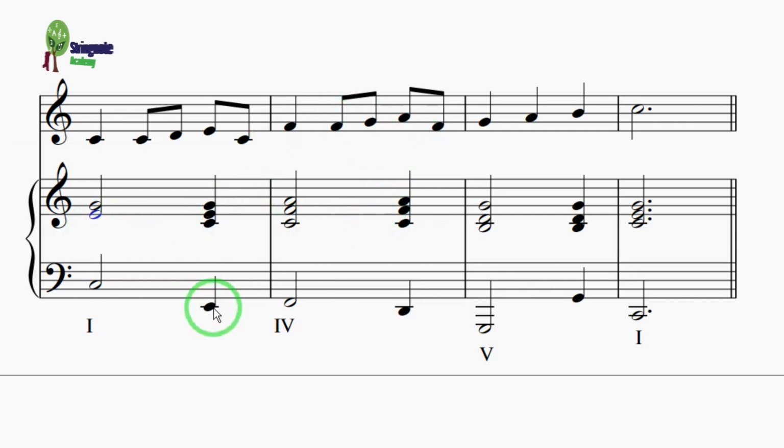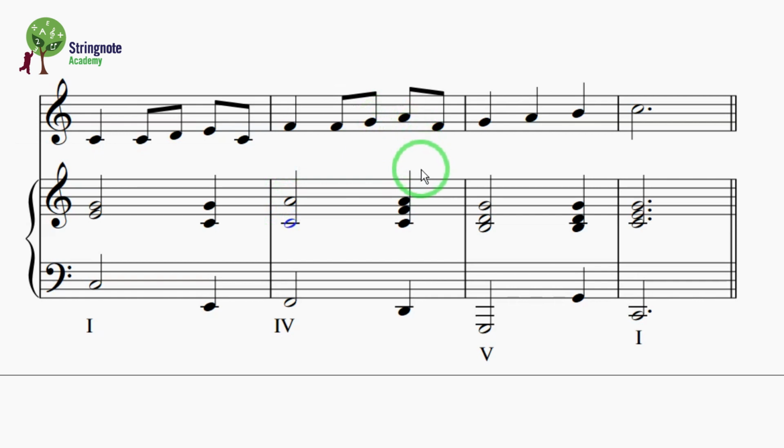Then here I have an E, an E, and an E. I'm going to eliminate the E here. Here I have an F, F, F. I'm going to eliminate one of the F's.